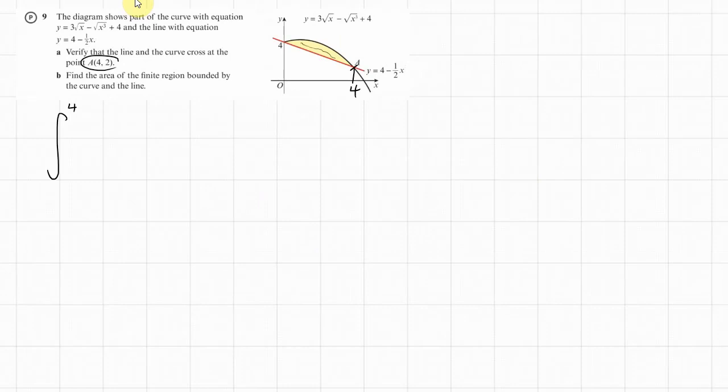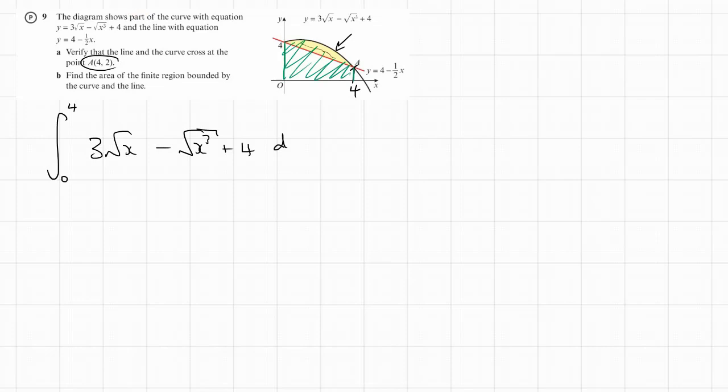If we integrate between 4 and 0 of my black curve on here, which is this, in green, I'm actually going to be finding all of that, which is far too much.